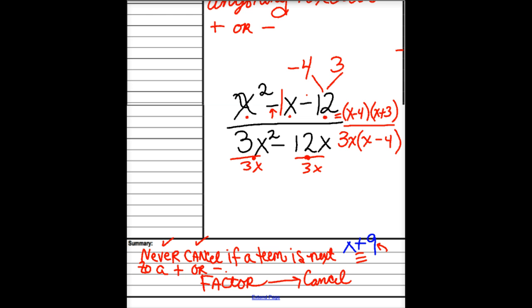Now what I can do is cancel common factors. So this wipes out this. My answer is x plus 3 over 3x. Can I cancel the 3's? No! Why not? One's living next to a plus. Can I factor the x's? No! Why not? It's living next to a plus. So that is my final answer.